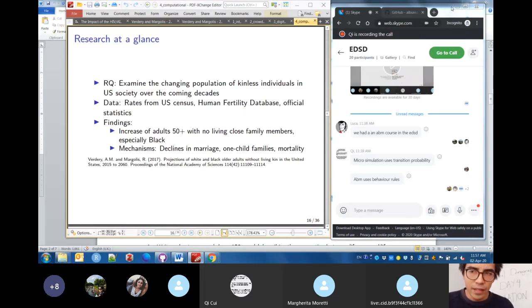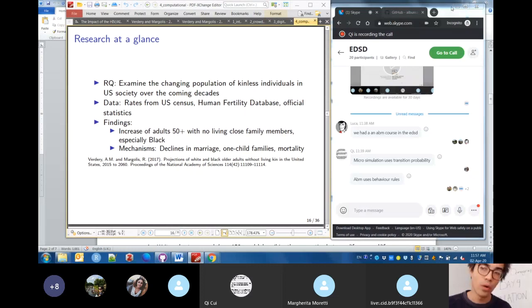Some of the main findings: they find that there is going to be an increase in the percentage of adults over 50 years old with no living close family members. And they also document this difference between Black and white non-Hispanics that we're going to see in a second. And the second thing that the microsimulation allows them to do is to take a look at the mechanisms.